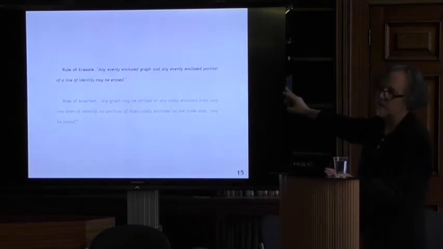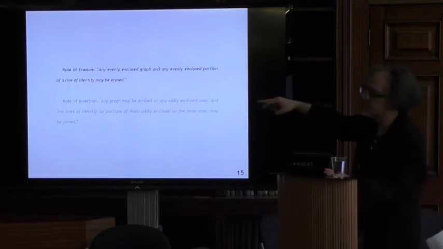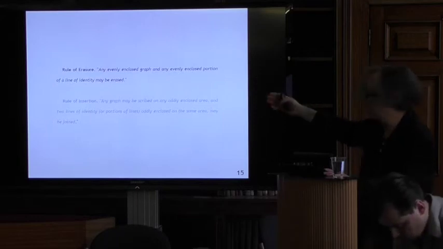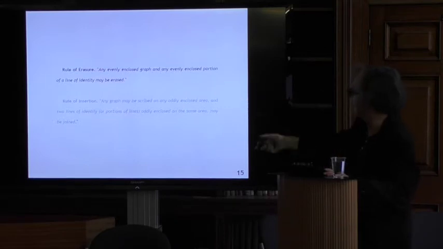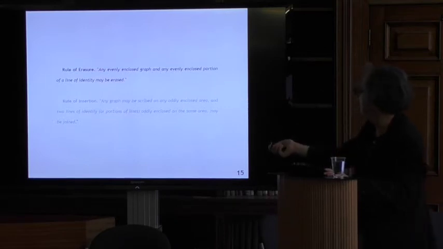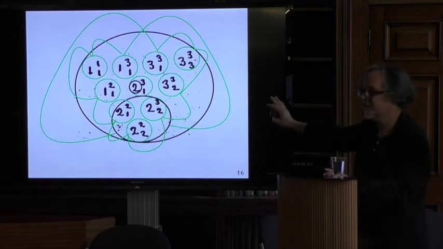Now we come to it, and I apply the rule of transformation, the rule of erasure, or subtraction: any evenly enclosed graph, blah blah blah, of a line of identity may be erased. So these are all lines of identity. It was crazy, I couldn't make it look normal.